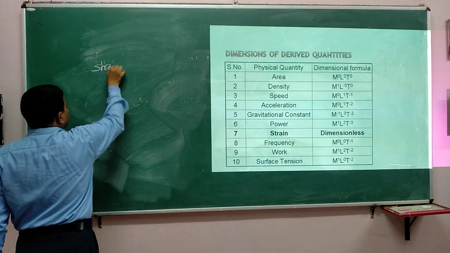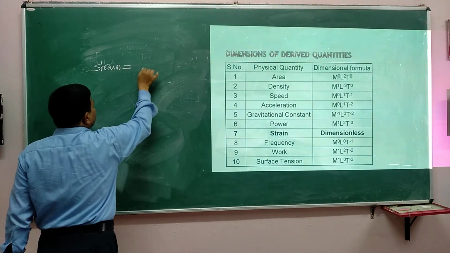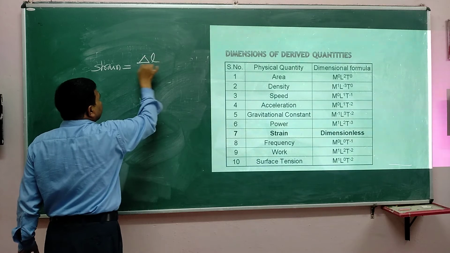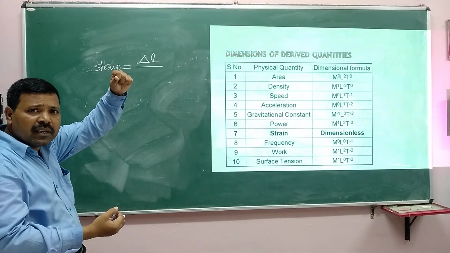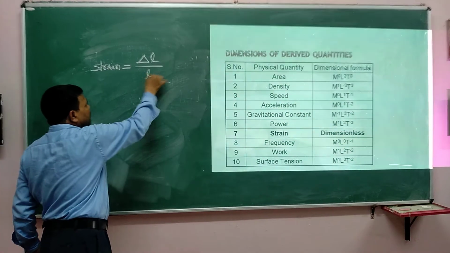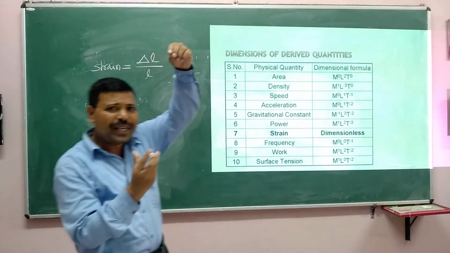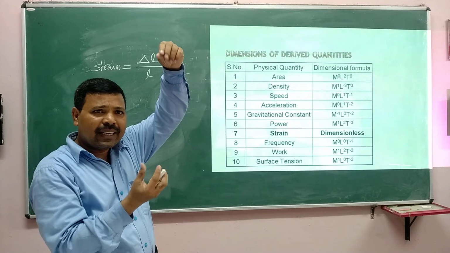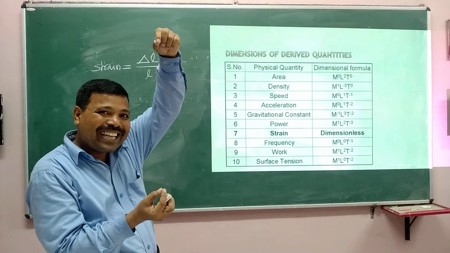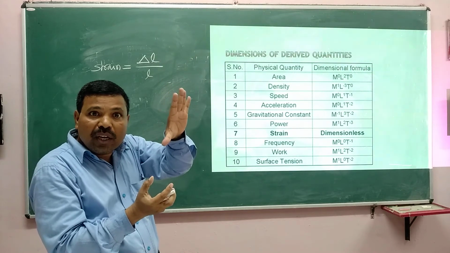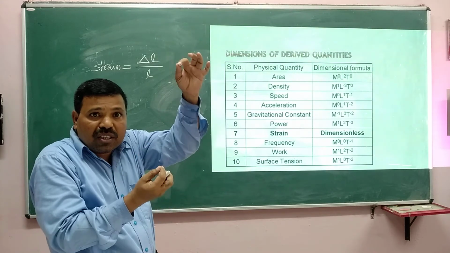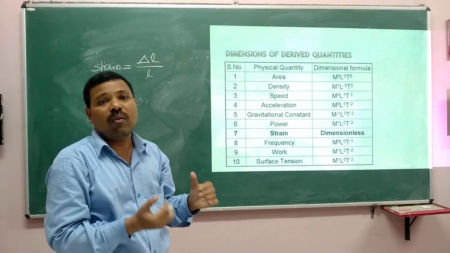Strain is defined as change in length of a wire divided by the original length of the wire. When a load is attached to a wire, there will be a slight change in the length. That change in length divided by original length gives us the strain that has occurred in the wire.